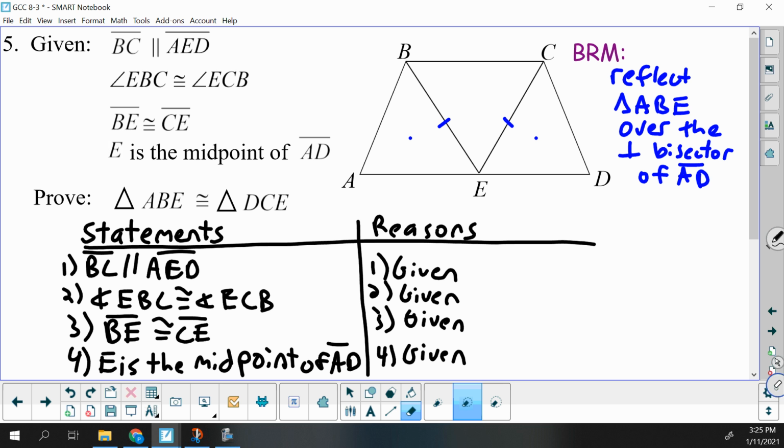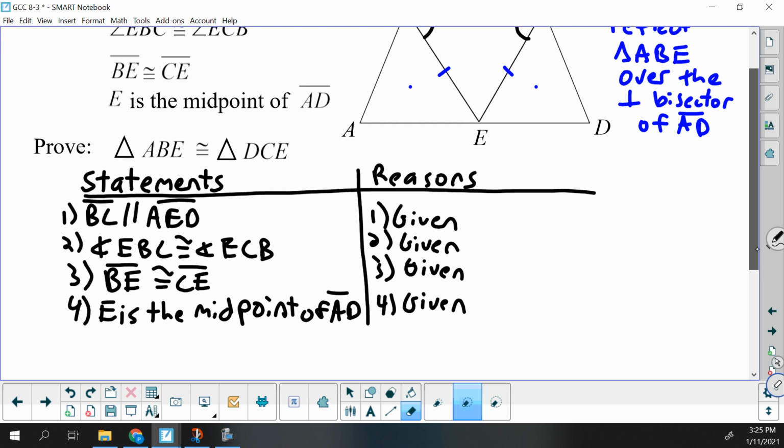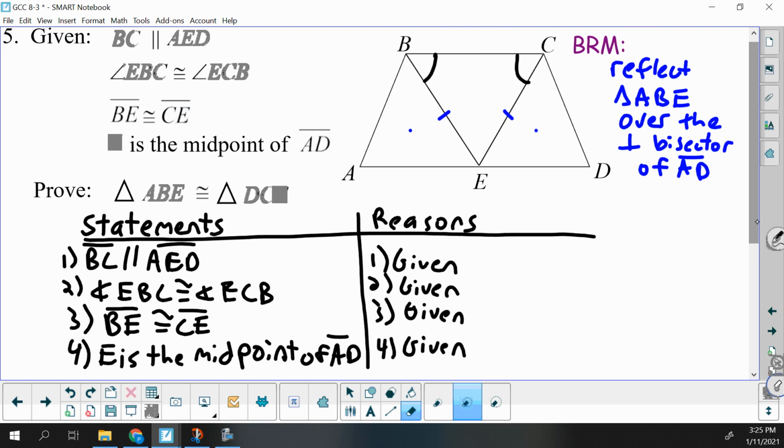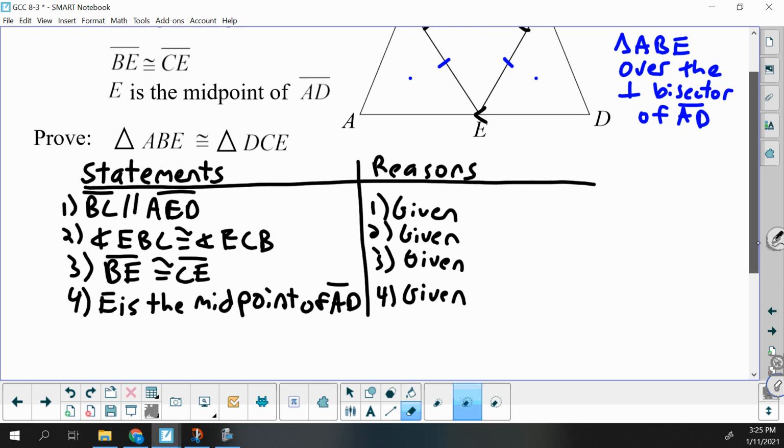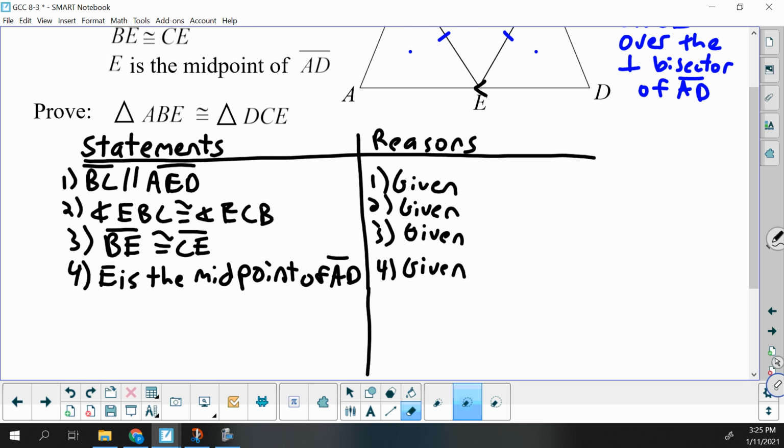All right, so we got our sides marked. We've got EBC. This angle here is congruent to ECB, so that angle there. We've got BC, so this one is parallel to that one. And we've got a midpoint. So let's maybe start with our midpoint.